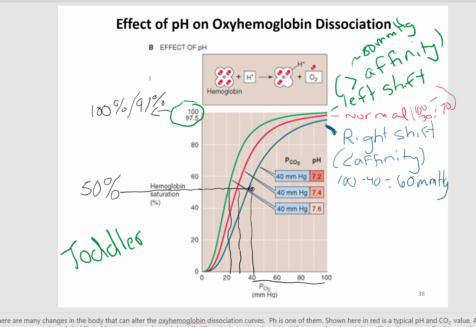Getting it to load, to go from 50% to 100, or roughly 97, you would only have to go from about 22 millimeters of mercury up to about 70 millimeters of mercury. You don't even have to go up to 100.